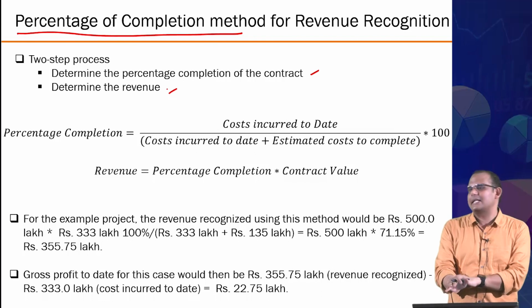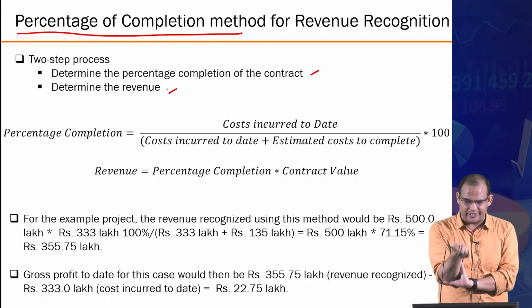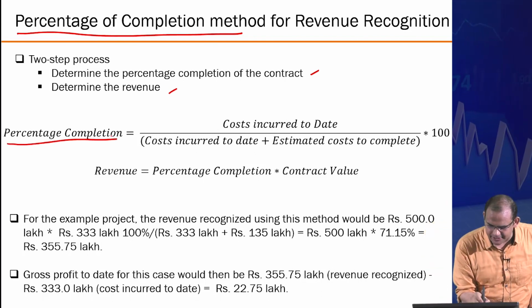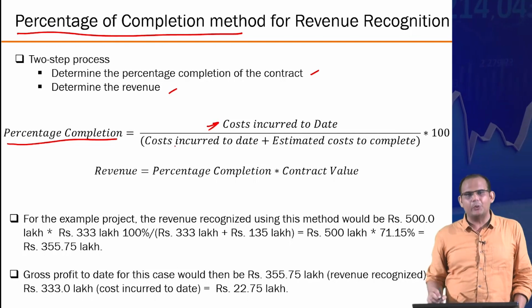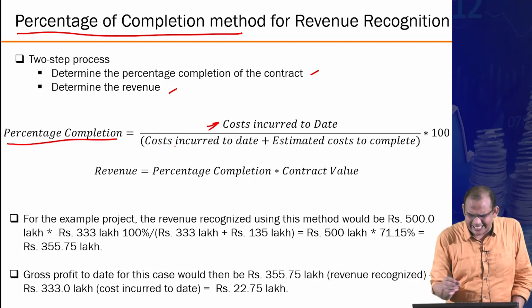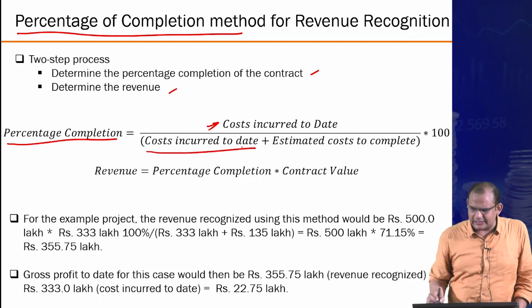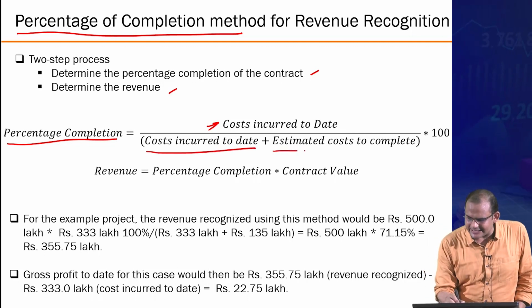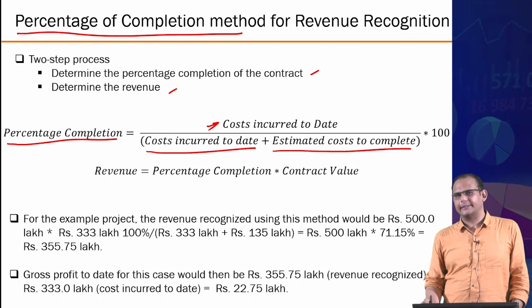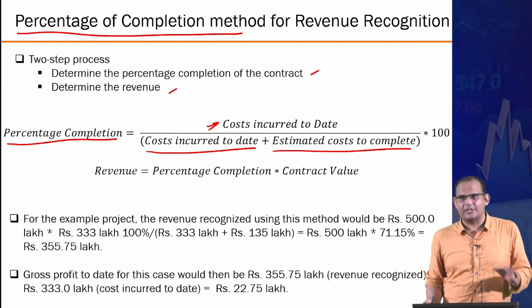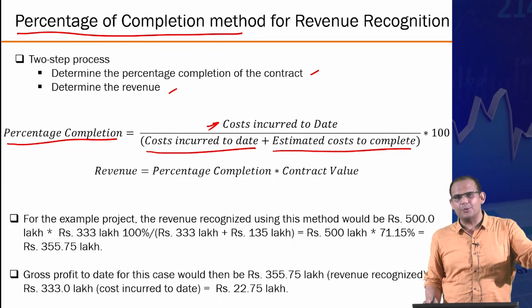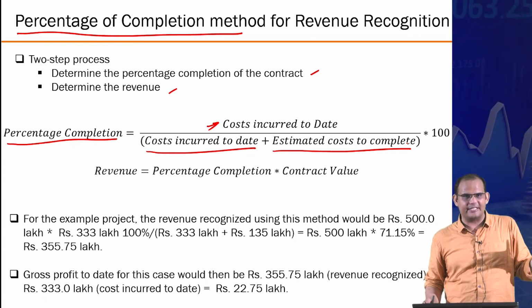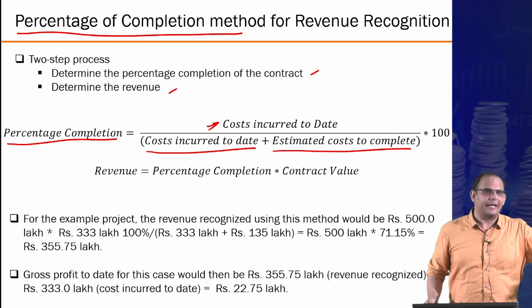But from the financial side, this is the one recognized definition, where the percentage completion is defined as cost incurred to date divided by cost incurred to date plus estimated cost to complete. So this is on the cost side. This is not on the revenue side or the billing side of the cycle. You could also do that.